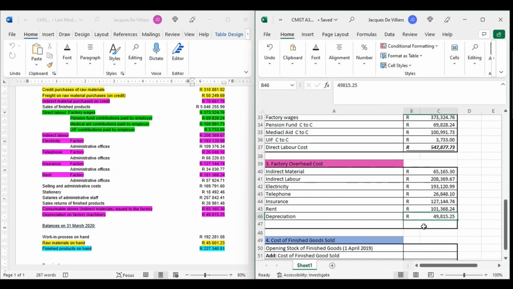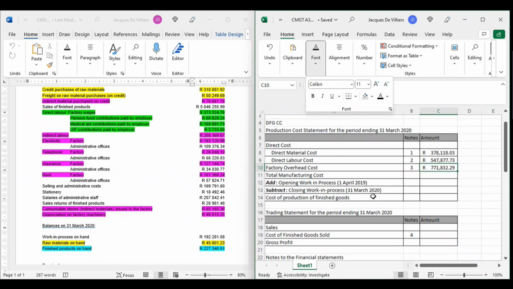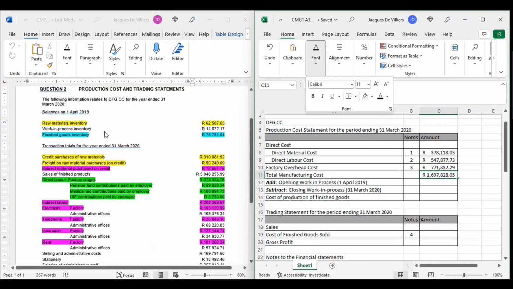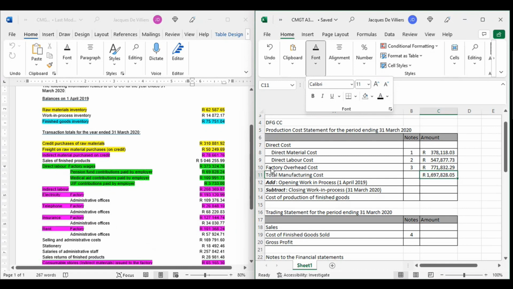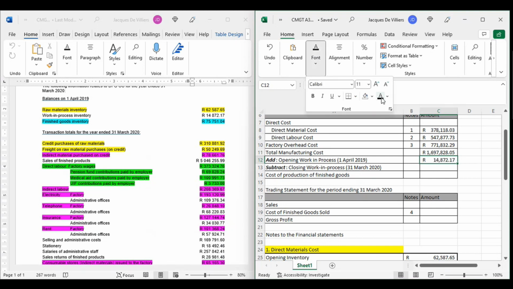Okay. With everything given, you can simply add it and put it into your production cost statement. Then you can simply add those, and you now have your total manufacturing cost for the year. To that, we must now add our opening work in process that was given as 14,872. Not a problem.